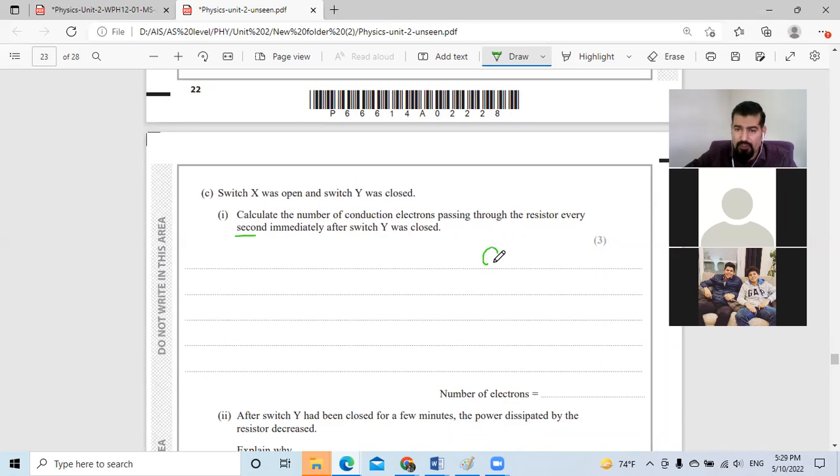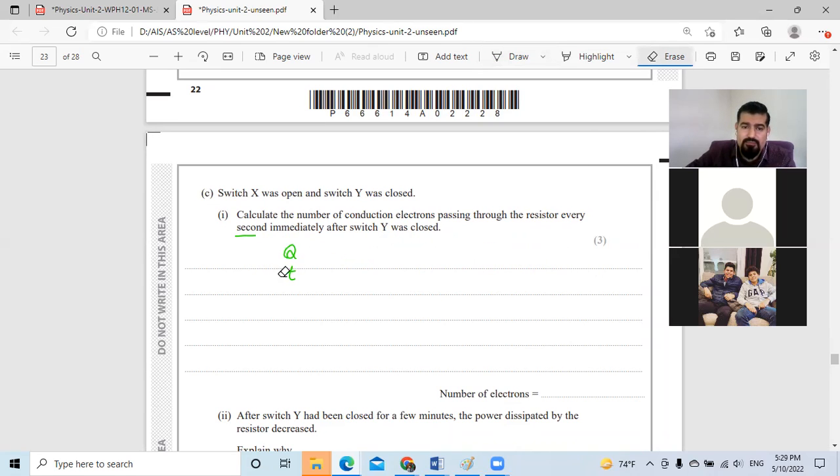Now we know that Q equals N times E, where N is the number of free electrons and E is the charge, and we need to know how much is Q. Now Q, I can figure out by knowing the current. So current equals the rate of charge passing, Q over T. So I need to find how much is I, the current.